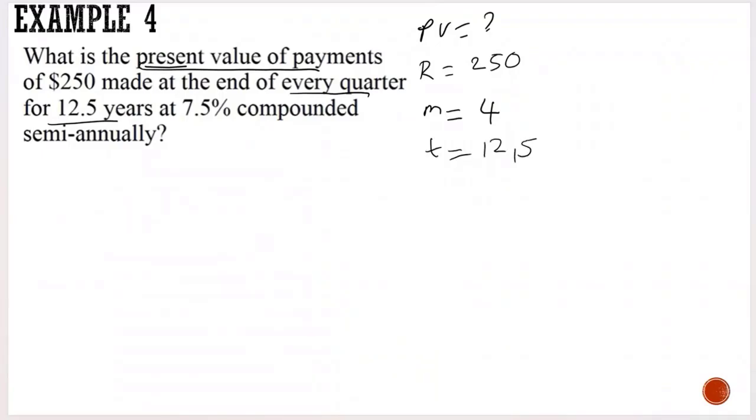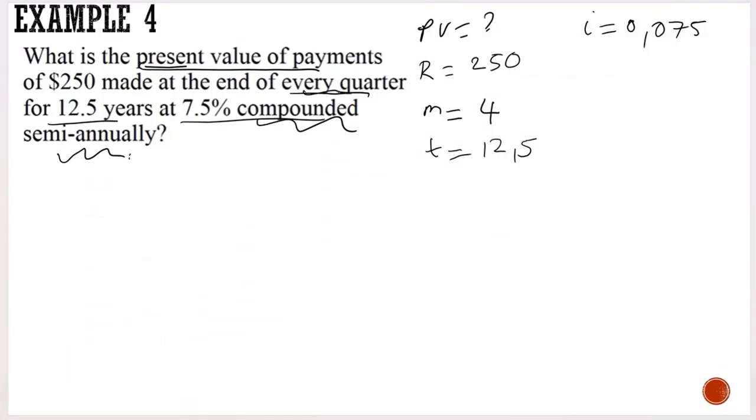And then your interest is 0.075, and this is compounding semi-annually. There is a problem. This must compound similar to your payments.